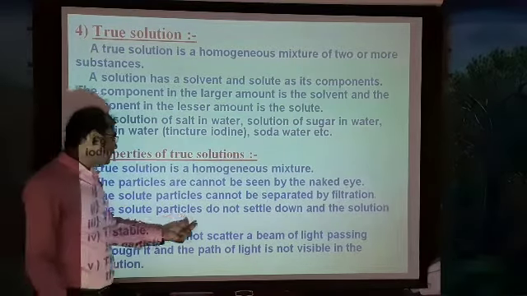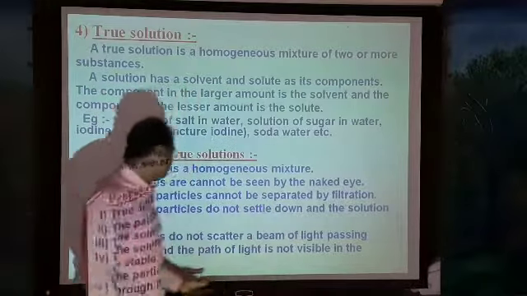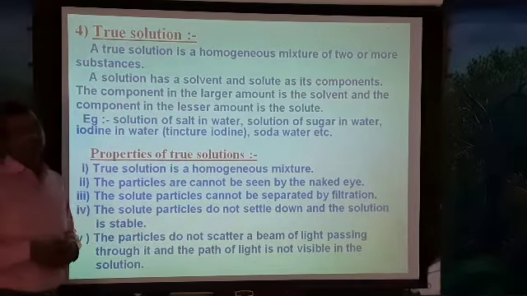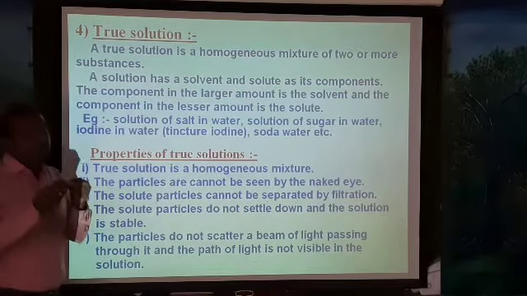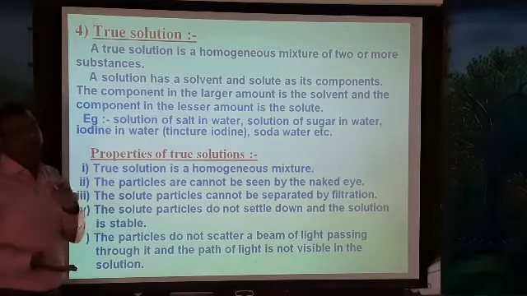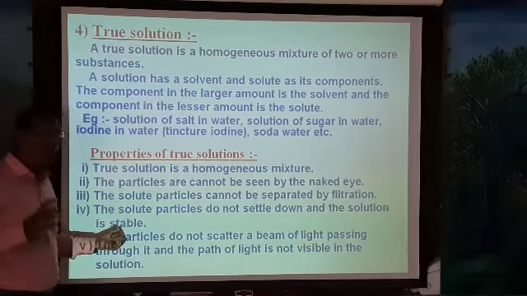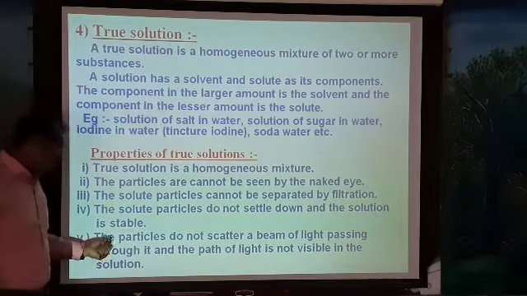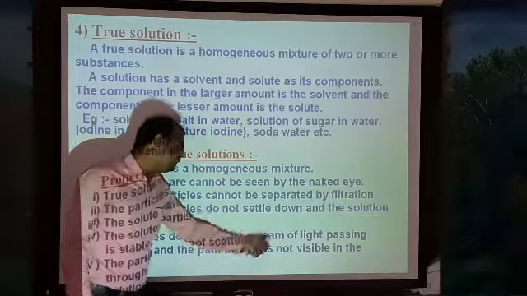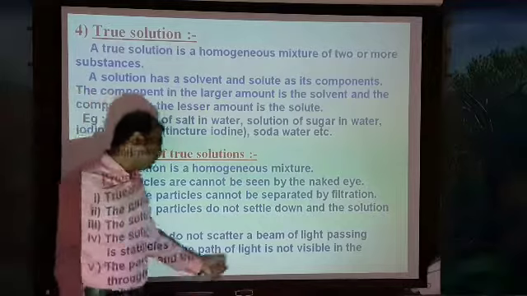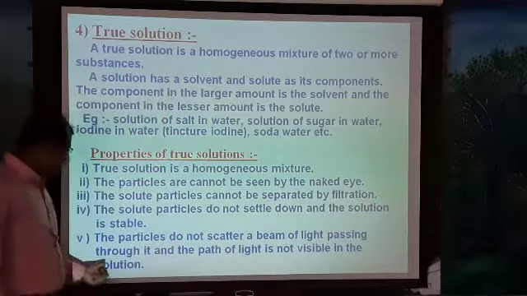The solute particles do not settle down and the solution is stable. You just mix the salt into the water, and what happens? The salt will not settle at the bottom, and the solution is always stable. Next, the particles do not scatter a beam of light passing through it, and the path of light is not visible in the solution.